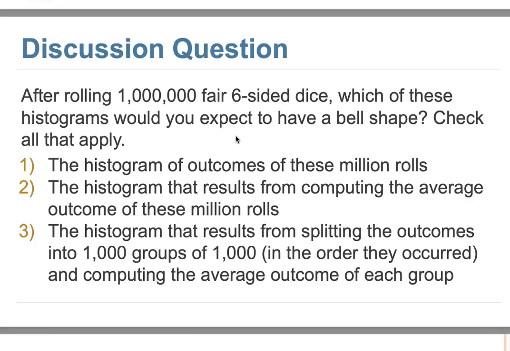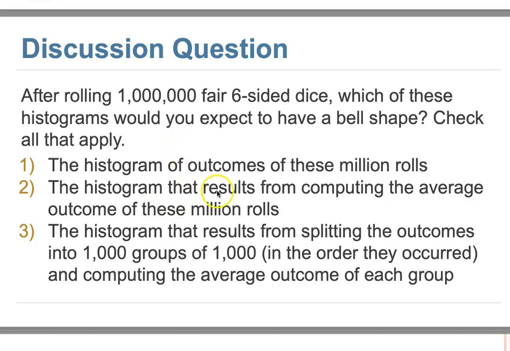Okay, let's see here. The first one, the histogram of outcome of this 1 million rows. Each time the outcome is either 1, 2, 3, 4, 5, or 6. So we just want to put the outcomes of this 1 million into the histogram. Because the size is big enough, the distribution will be close to the probability distribution.